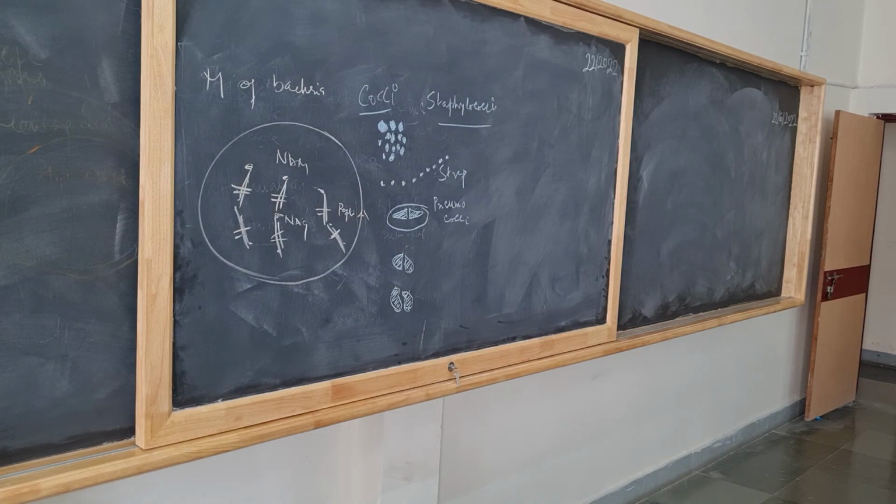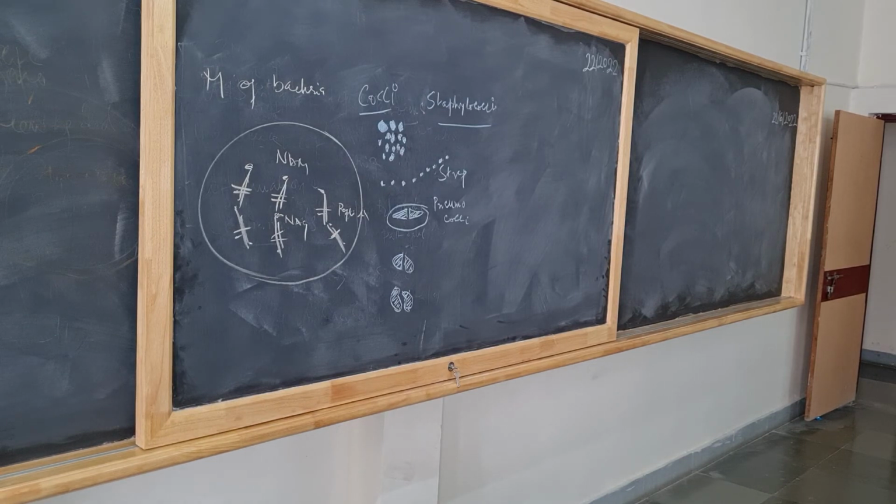Meningococci, half moon shaped, plane surfaces facing each other. So now you know staphylococci, streptococci, pneumococci are gram positive. Meningococci and gonococci are gram negative.